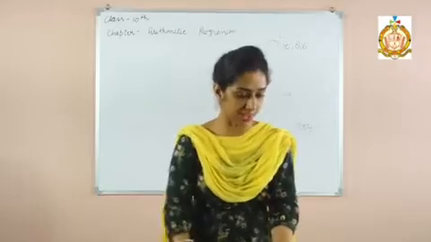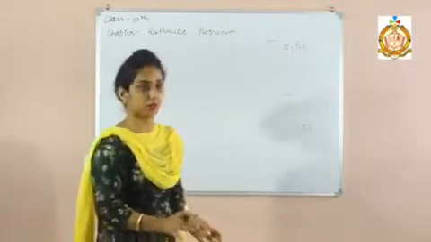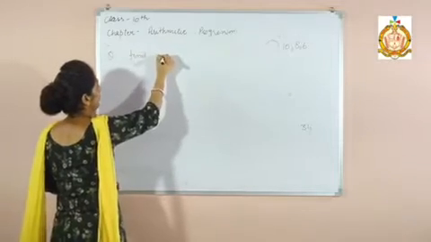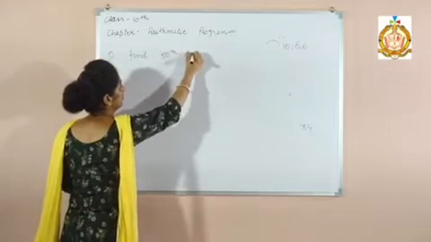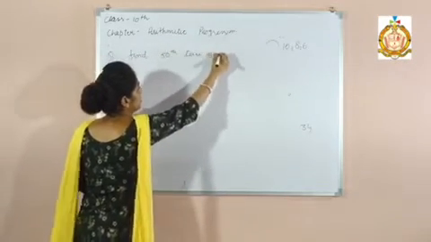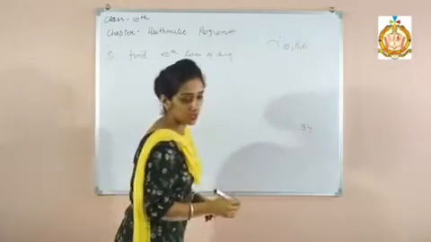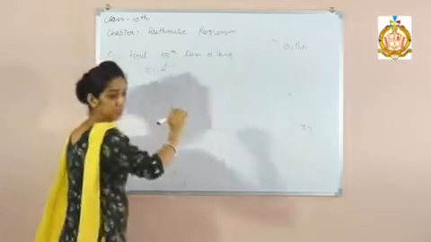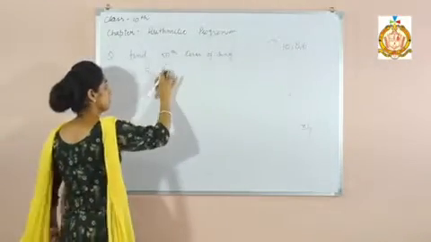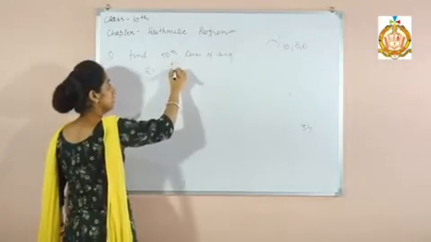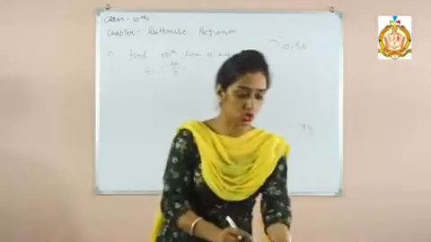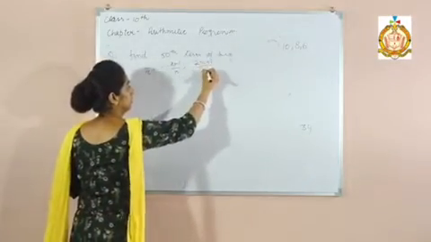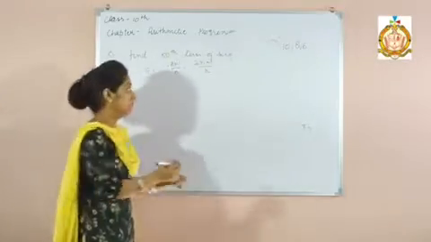Now students, find the 50th term of the sequence 1 over n, n plus 1 over n, 2n plus 1 over n, and so on.